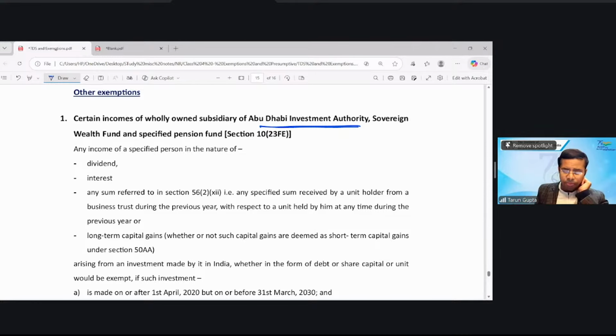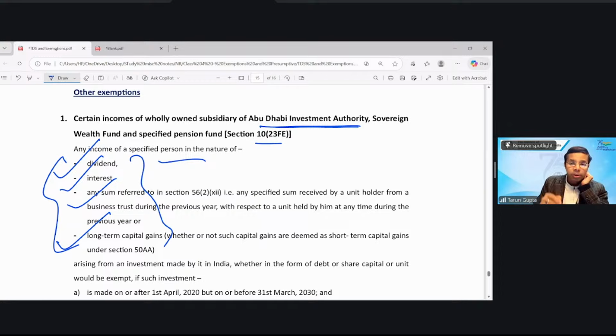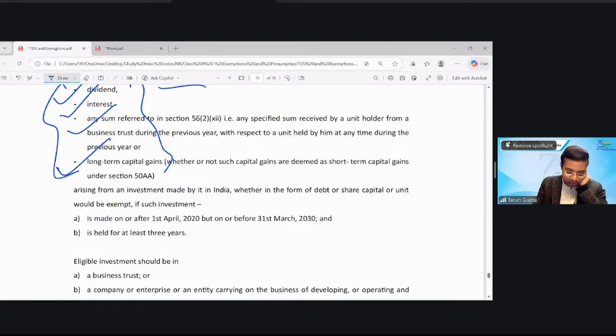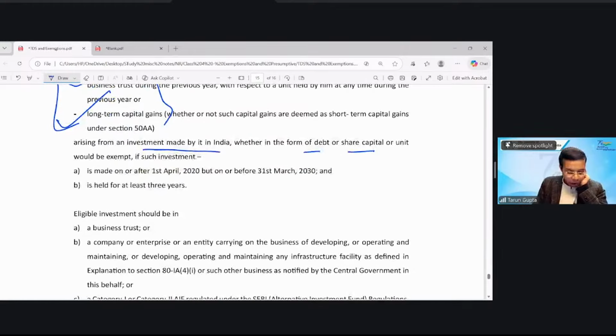The benefit is given by way of section 10(23FE). It says any income of a specified person. Specified person means Abu Dhabi Investment Authority. In the nature of dividend, interest, any sum referred to in section 56(2)(x), income of a business trust, or LTCG. All such income arising from investment made by it in India, whether in the form of debt or share capital or unit, shall be exempt.